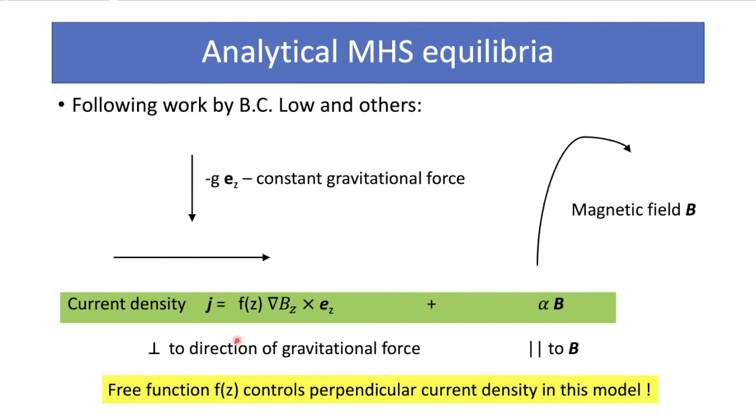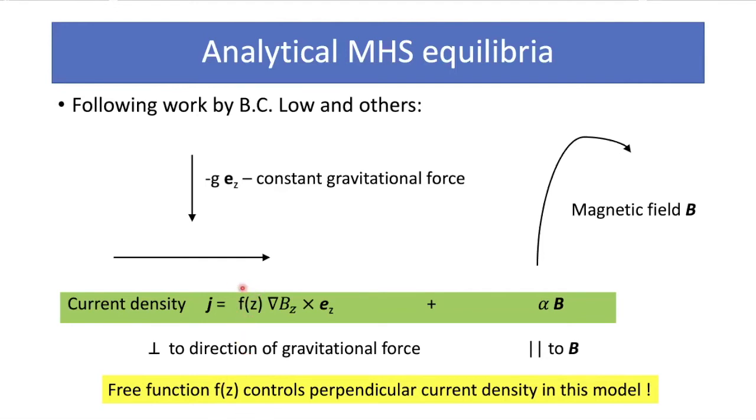So when I use the word perpendicular in the future, it might have two meanings, and I'm not always clear, even myself, whether I mean perpendicular to the gravitational field. I usually will mean perpendicular to the magnetic field.